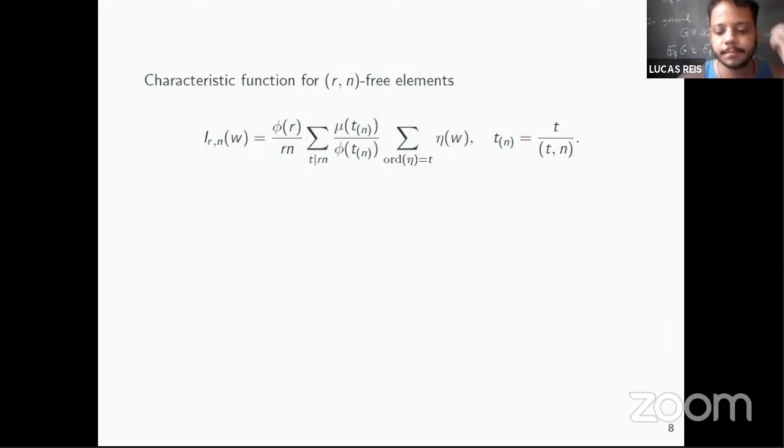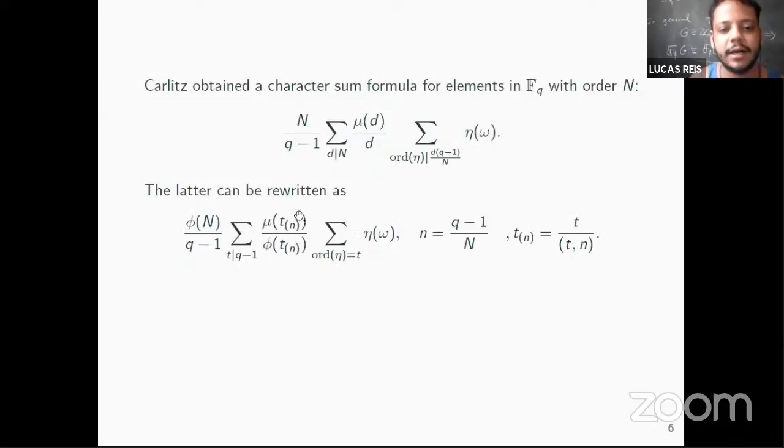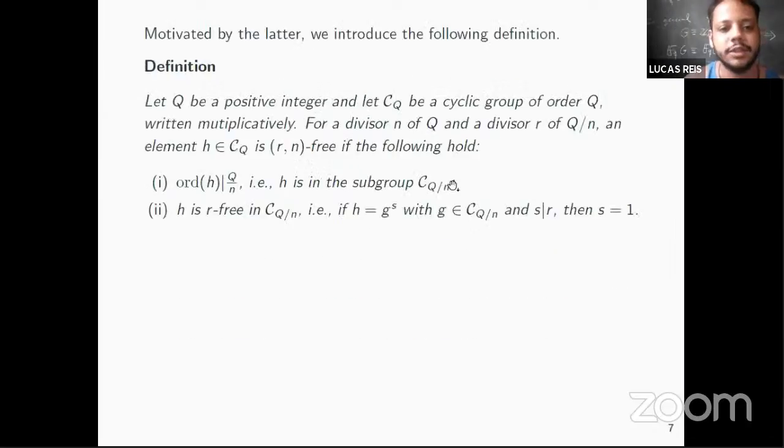So we can obtain a character sum formula for the elements that are (R,N)-free. This is the formula. You see that the same arithmetic function appears that we obtained when we simplified Carlitz's formula for elements with prescribed multiplicative order.